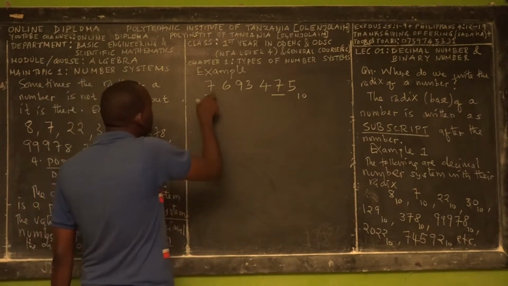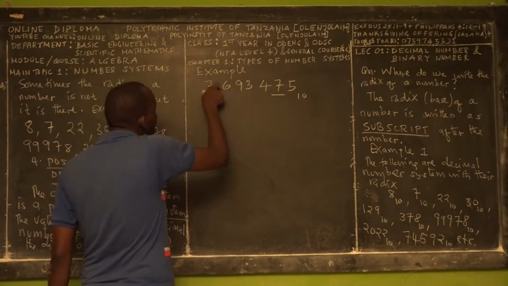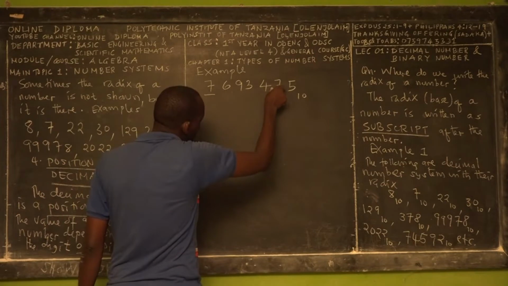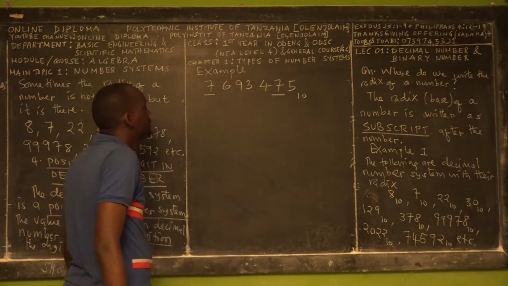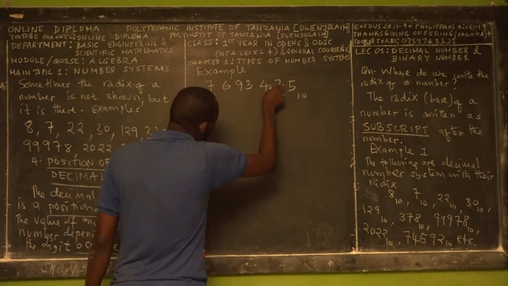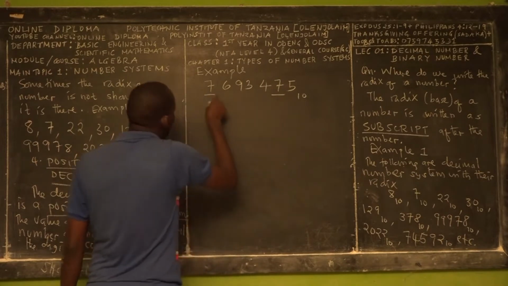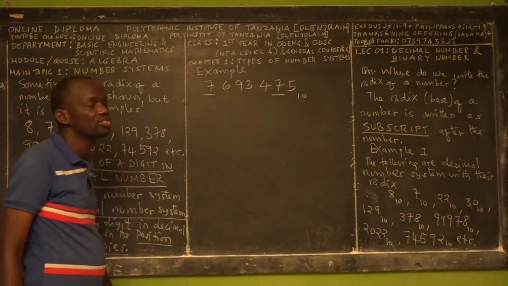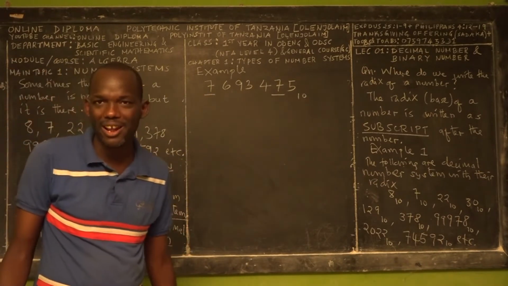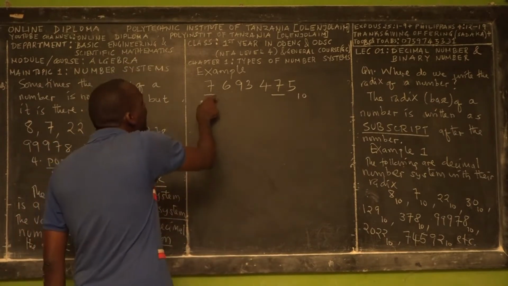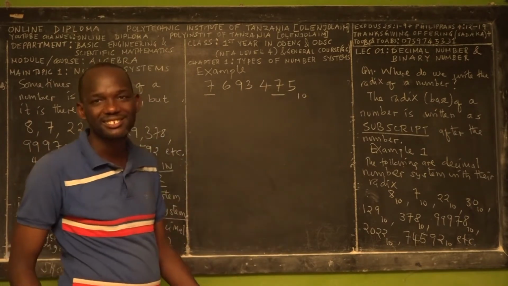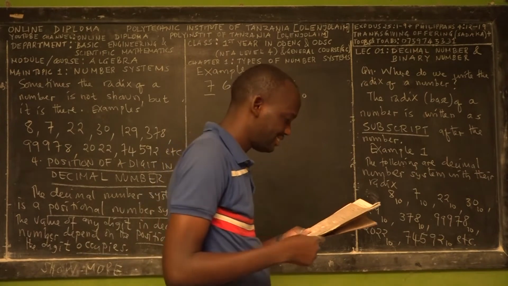Because the position of this 7 is not the same as the position of the other 7. One 7 is located in the tens position, and the other 7 is located in the millions position. Wonderful. So this is 7 million, and this is 70.